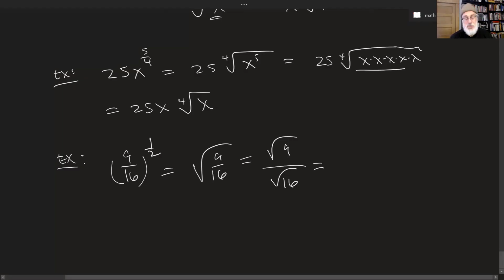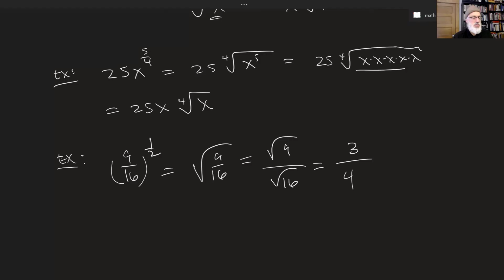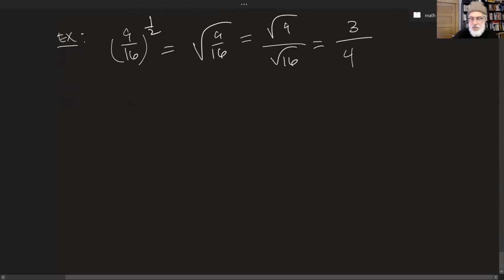I know 9 is a perfect square, it's 3 squared. I know 16 is a perfect square, it's 4 squared. So that simplifies 9/16 to the 1/2 to be the same as 3/4. All right, let's look at a complicated problem. And complicated, I just mean it just looks nasty. Hopefully I won't make too many mistakes.